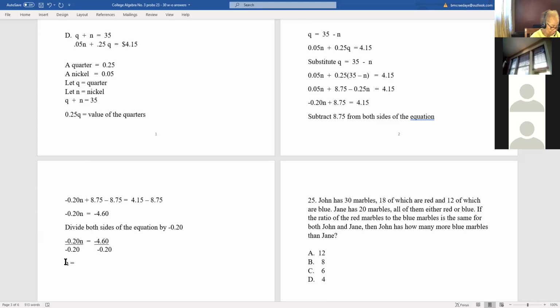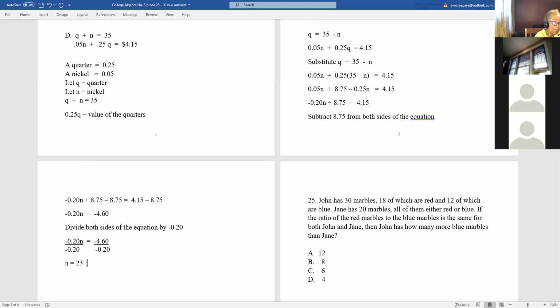And what do you get? No, you don't get 0.0434. It's 4.60 divided by 0.20. What do you get? 4.6 divided by 0.2, it's 23. That's it. You got 23.